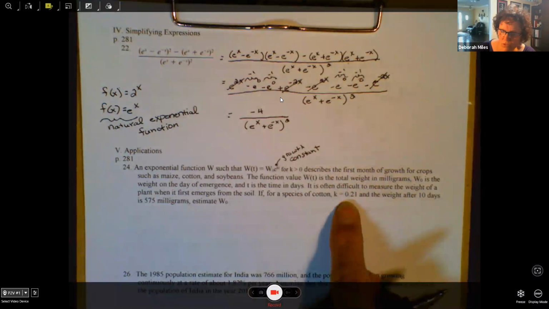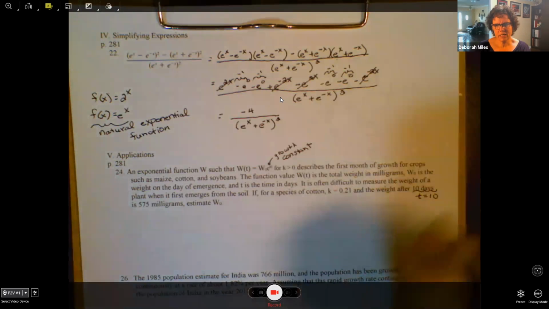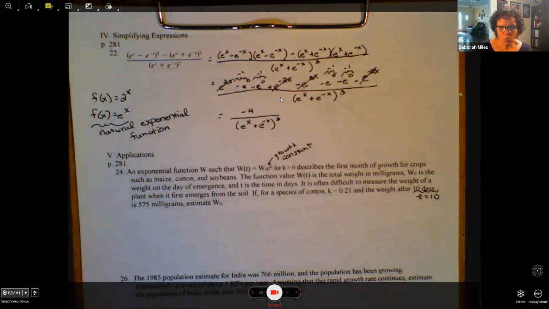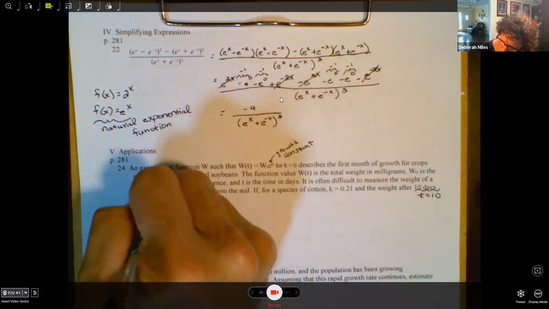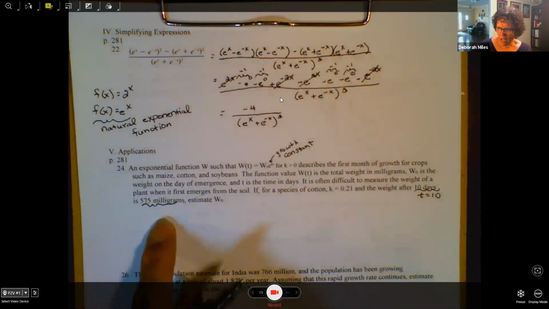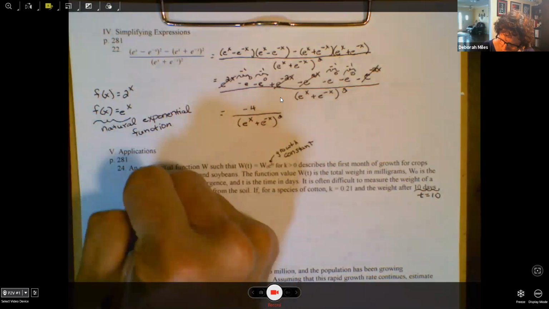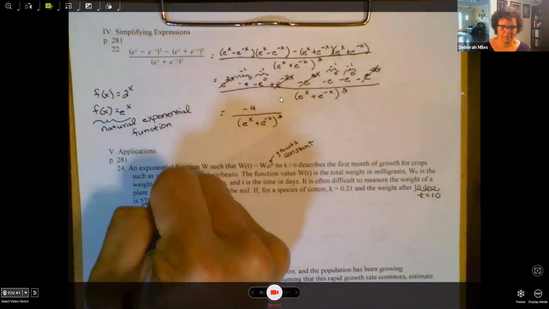We have K is 0.21. The weight after 10 days means T is 10. And the weight after 10 days is this much. That's not the original weight, but the weight after 10 days, that's W of 10.